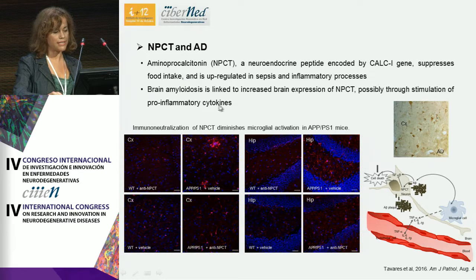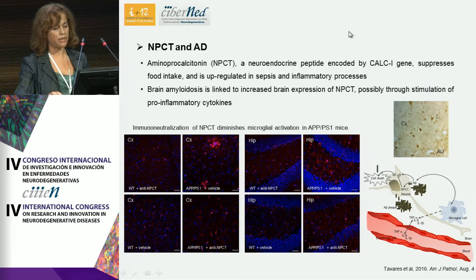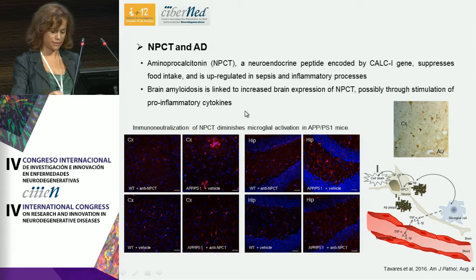Brain amyloidosis was linked to increased brain expression of MPCT, and the potential mechanism could be the stimulation of pro-inflammatory cytokines.